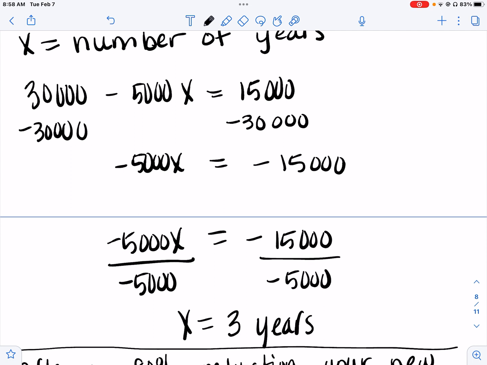Our value is 30,000 minus 5,000 times the number of years. 5,000 per year means 5,000 times each year. So we would subtract 30,000 on both sides, divide by negative 5,000, and that would tell us after 3 years.